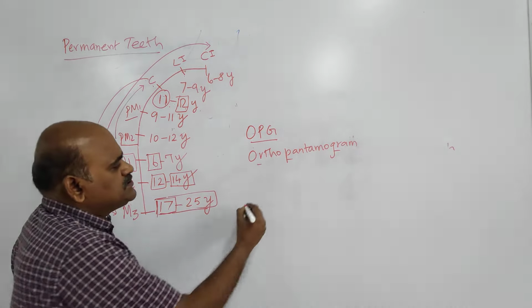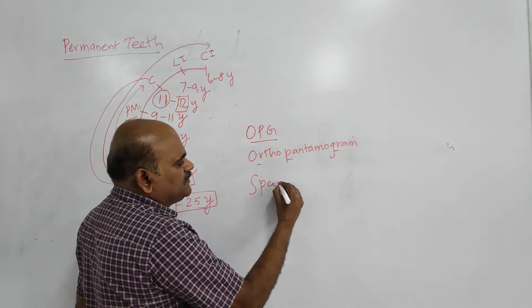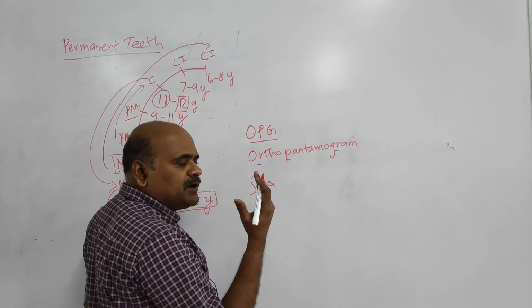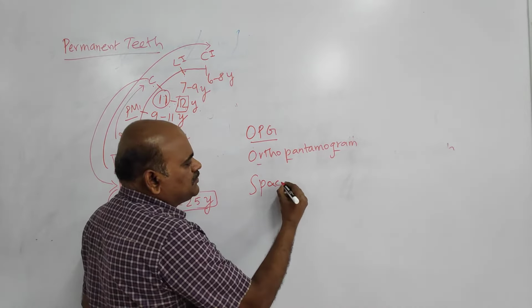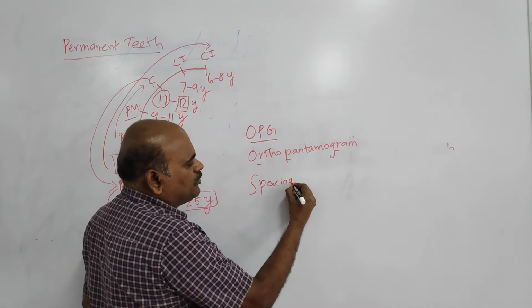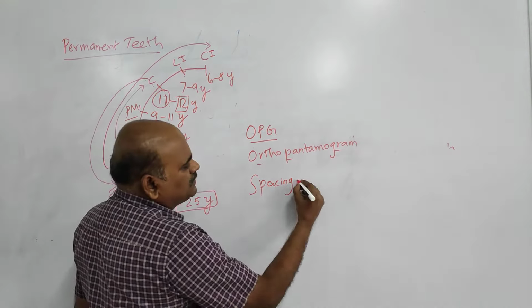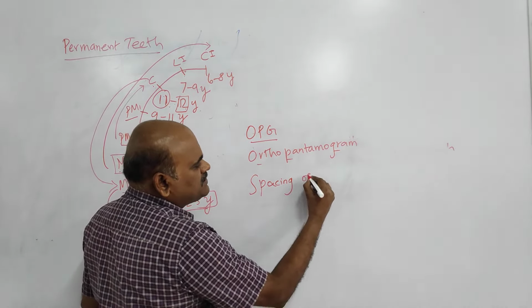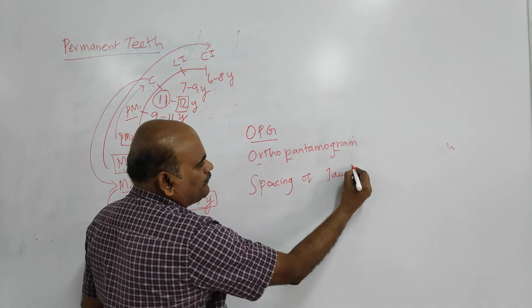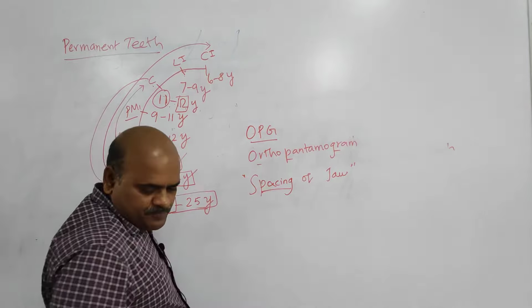That is called spacing of the jaw. The ramus of the mandible growing posteriorly to provide space for the upcoming third molar, which occurs after eruption of the permanent second molar, that is after 12 years, is called spacing of jaw.